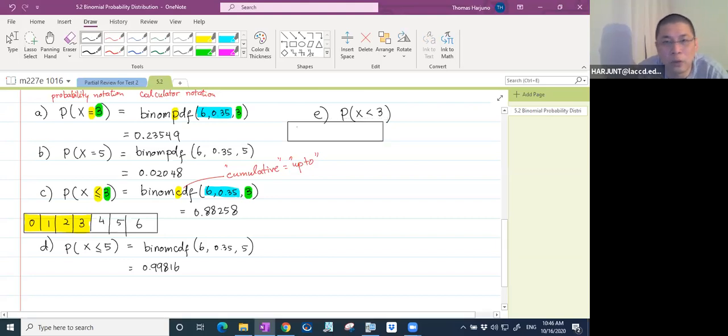Now, if you take a look, the possible outcomes are 0, 1, 2, 3, 4, 5, 6. Now, when we say less than 3, it means only up to 2, right? Only up to 2. So do the adjustment first for the probability notation. This is probability that x up to 2.